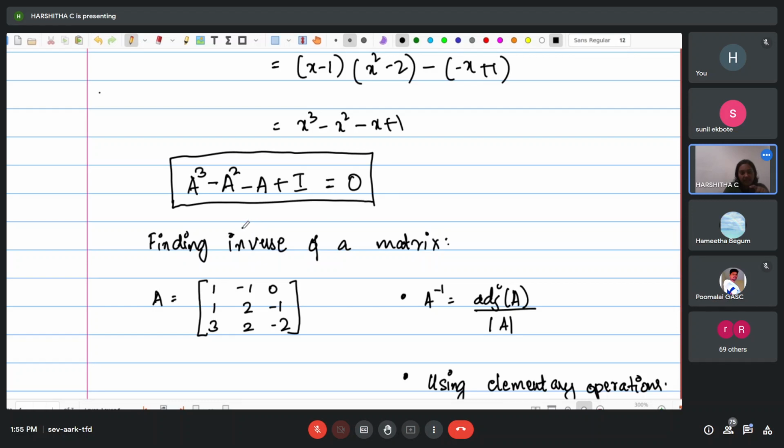So, can any of you say if we can find the inverse of the matrix from here? Just look at it and see.